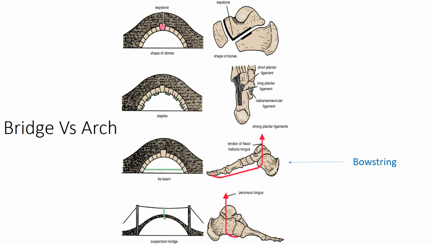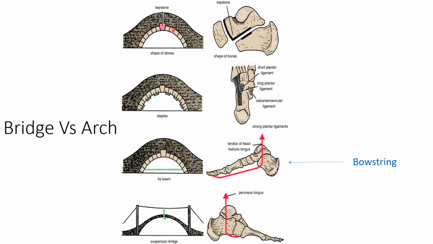Now, often these arches of the foot are compared with a stone arch bridge, though they are not 100% comparable, as the stone arch bridge is a rigid solid structure, while the arches of the foot are a much mobile and resilient structure. Still there are some similarities.